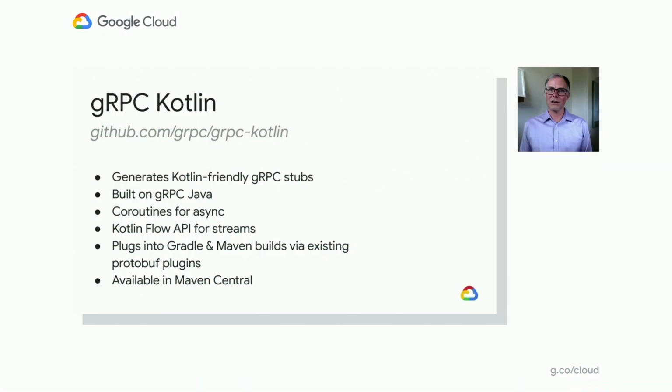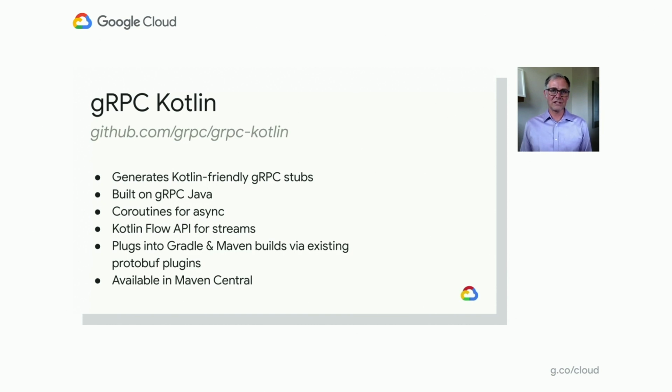So we now support Kotlin with gRPC through a project called gRPC Kotlin. So in gRPC Kotlin, what we do is we generate Kotlin idiomatic stubs based on the Java stubs that are generated by the Java gRPC project. So this supports coroutines for doing async stuff. It supports the Kotlin Flow API for doing stream-based processing.